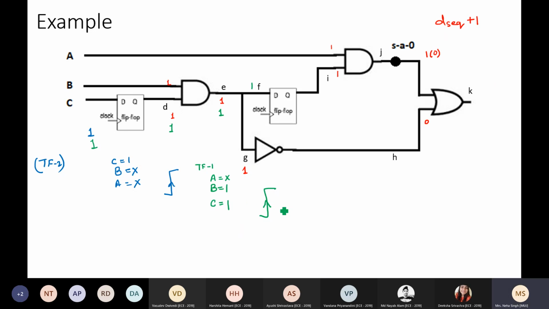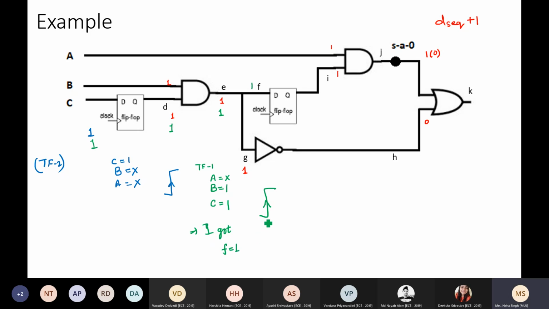The clock edge exists now. The value gets propagated. This one gets here. This is evaluated with A, B. So A is still X, B is 1. So 1, 1 gives me 1 at E. This E gives me the value of F. It means at this time I got F equal to 1.